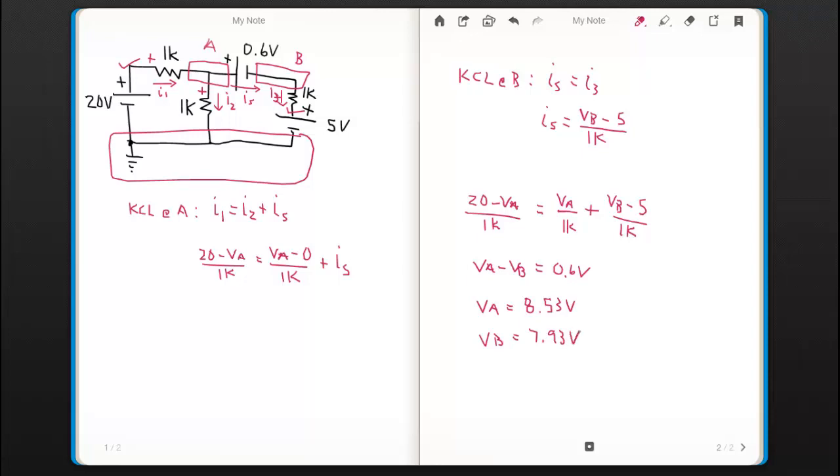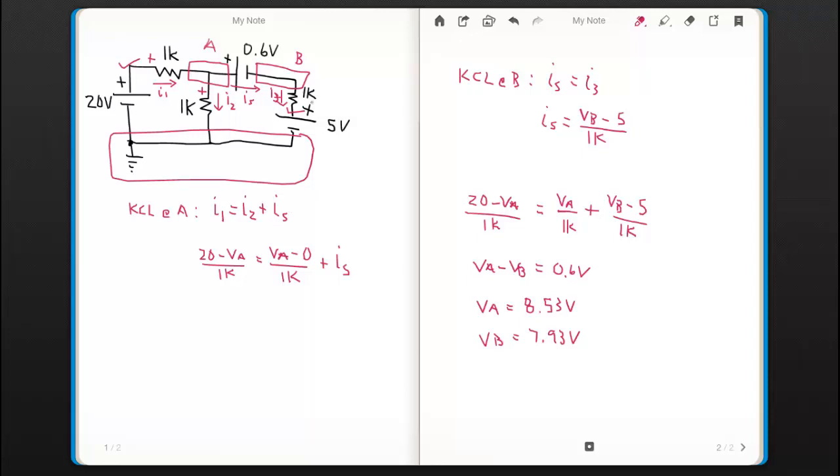So the key points in a problem like this: when you have a voltage source where neither side is ground, just label the current through it as IS or some other variable. Realize that you can't use Ohm's law to get the current through the source in terms of voltage.